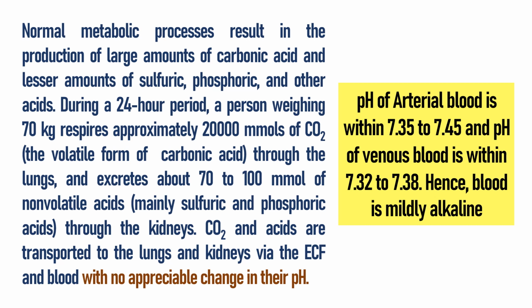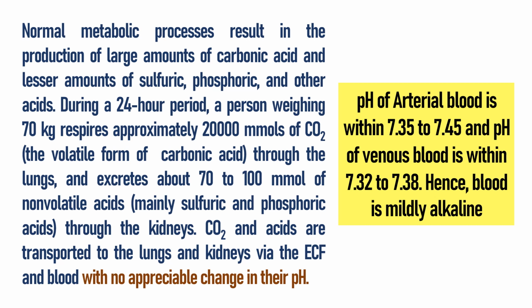Normal metabolic processes result in the production of large amounts of carbonic acid and lesser amounts of sulfuric, phosphoric, and other acids. During a 24-hour period, a person weighing 70 kilograms respires approximately 20,000 millimoles of carbon dioxide, the volatile form of carbonic acid, through the lungs, and excretes about 70 to 100 millimoles of non-volatile acids through the kidneys.